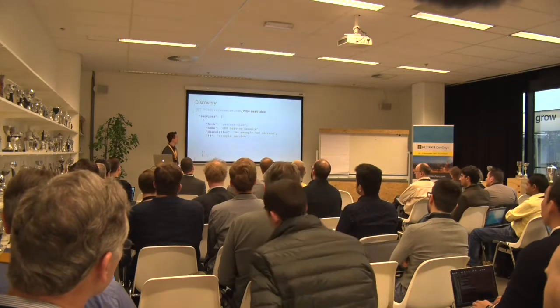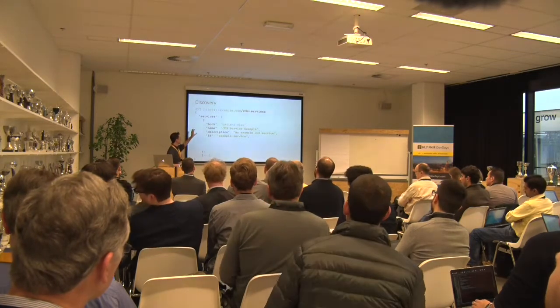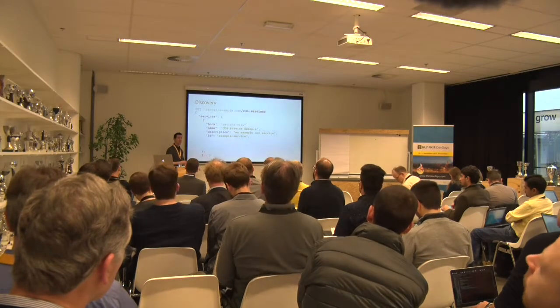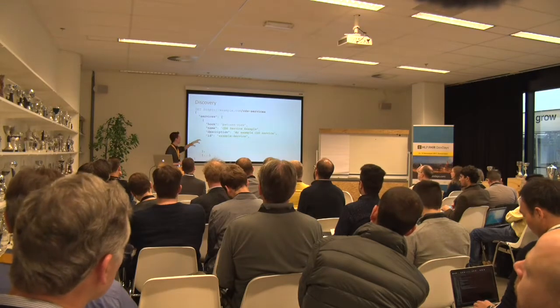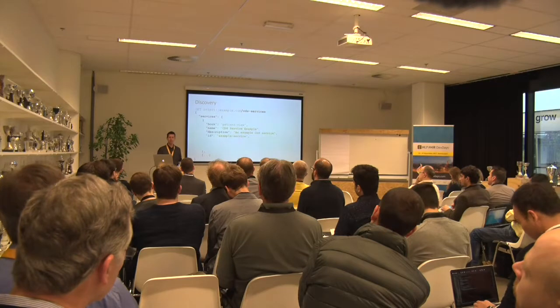Now our discovery endpoint, again, as I said, is available at /cds-services. This returns a JSON document that lists out all of the services that exist at that base URL. Okay? And the discovery endpoint just gives you some metadata about each one of the services that exist.